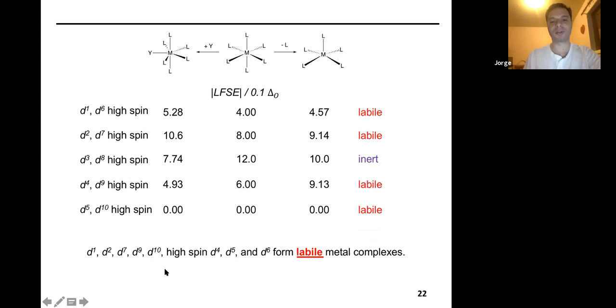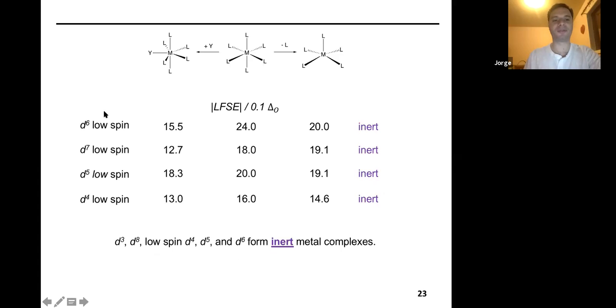As a conclusion, we will say that D1, D2, D7, D9, D10, and high spin D4, D5, and D6 form labile metal complexes, okay? And same thing for low spin: all the D6, D7, D5, and D4 low spin metal complexes form inert complexes. In addition, D3 and D8.